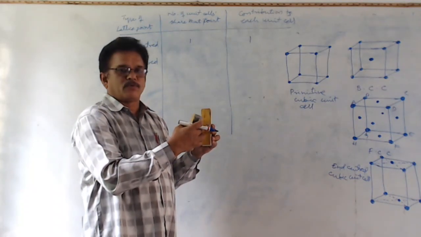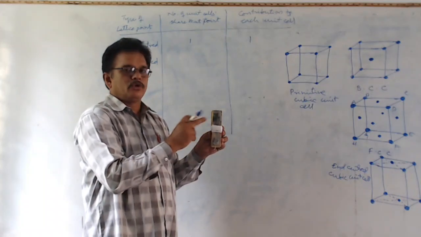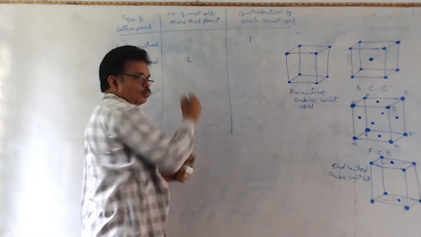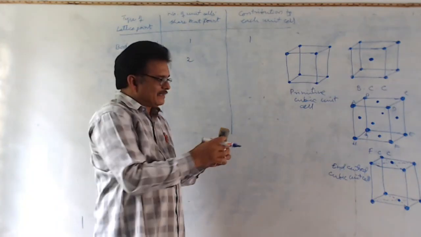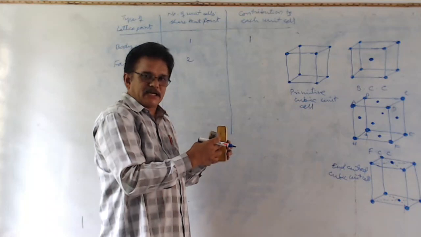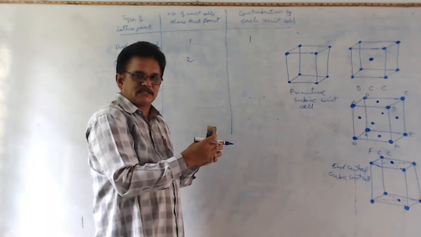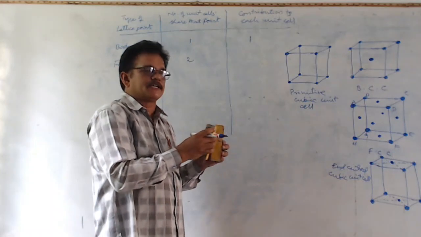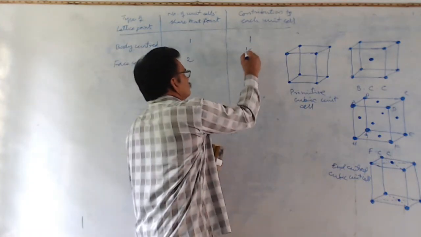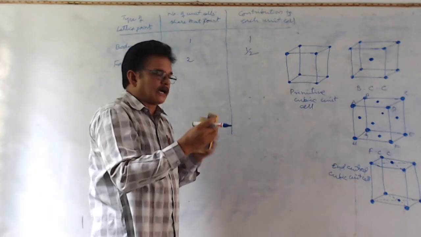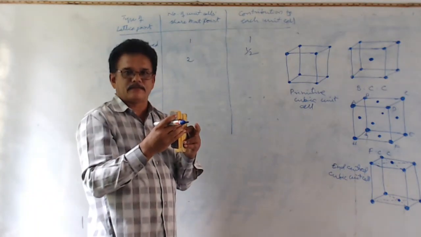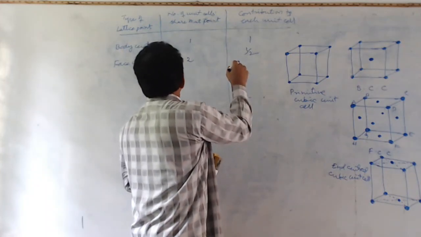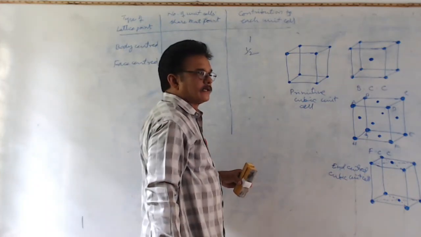So the number of unit cells that share that point is 2. When this lattice point is shared by 2 unit cells, the contribution of that point to each unit cell is 1 by 2. So its contribution to each unit cell is half.